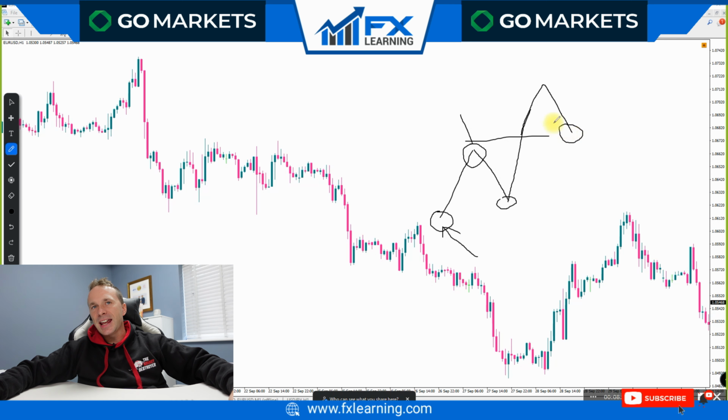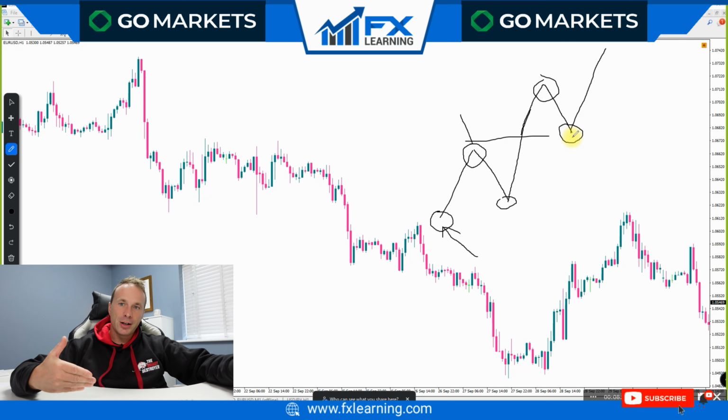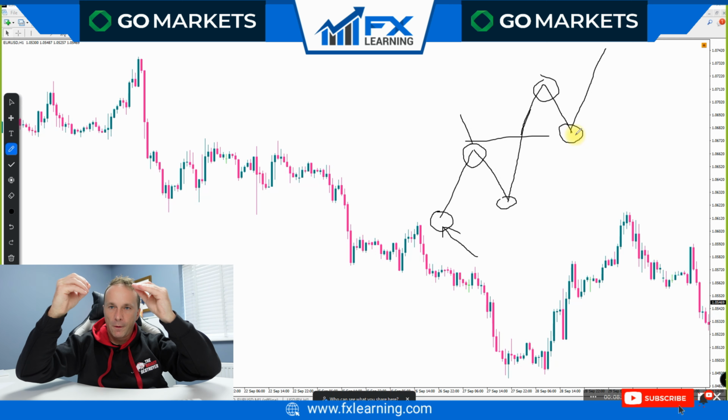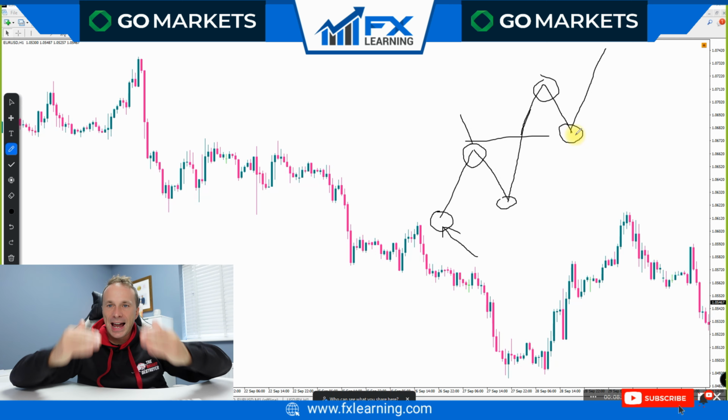As long as this stays higher than the previous low there, then we are still in an uptrend. Okay, this high here does not get confirmed until we break it. And then again, this would become the previous high and the previous low. Swing high or swing low. Change of character, whatever you want to call it. Okay, it's basic principles of marking up highs and lows.